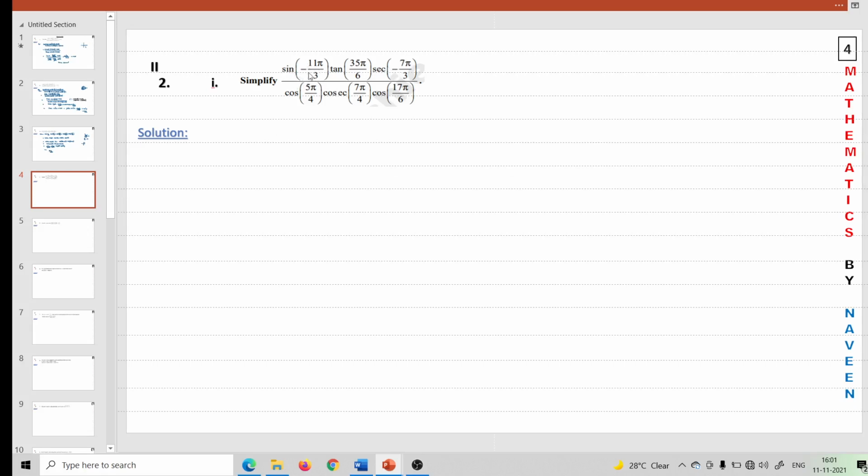So first sine of minus 11 pi by 3. Sine of minus theta is minus sine theta, right? So that is minus sine of 11 pi by 3. Clear? Now 11 pi is divided by 3. 3 3s are 9, 9 pi. What is the remainder? 2 pi.